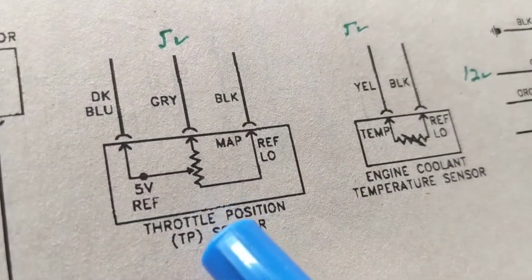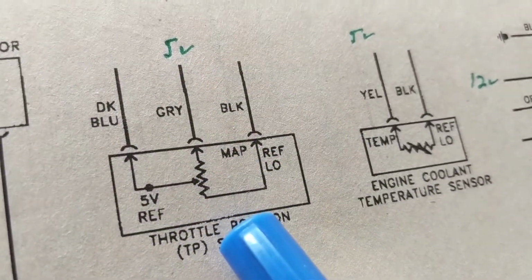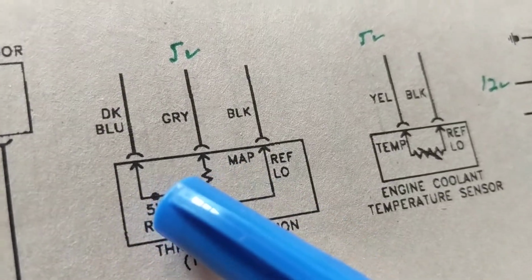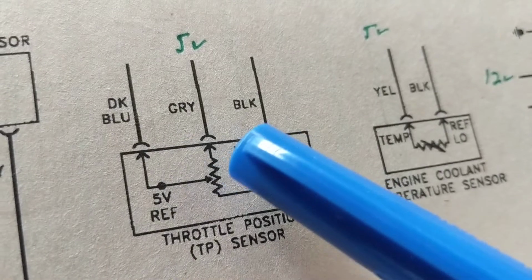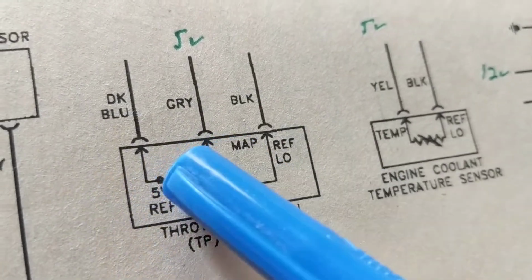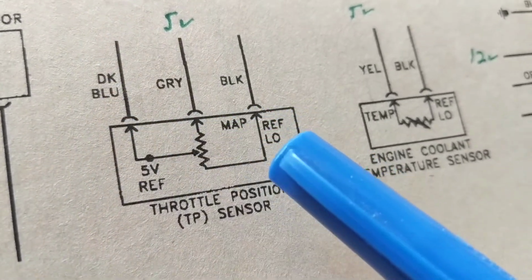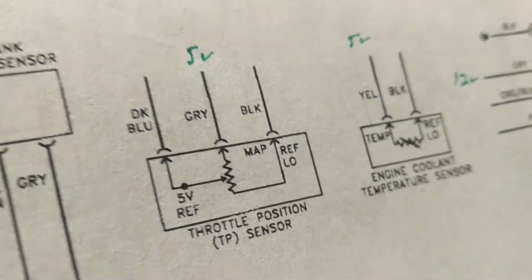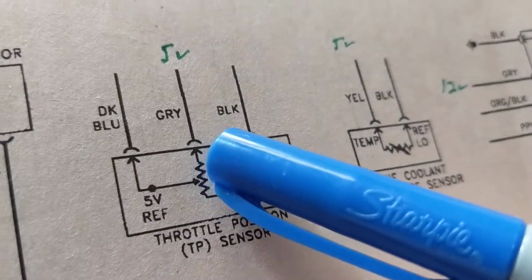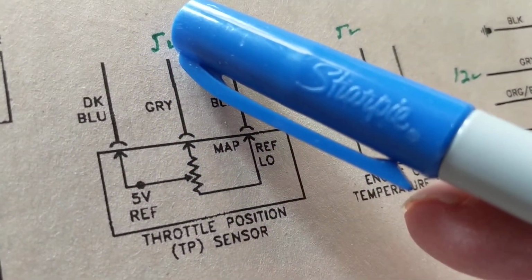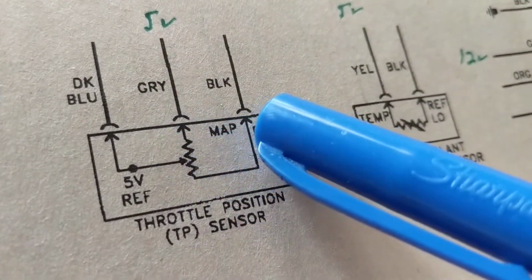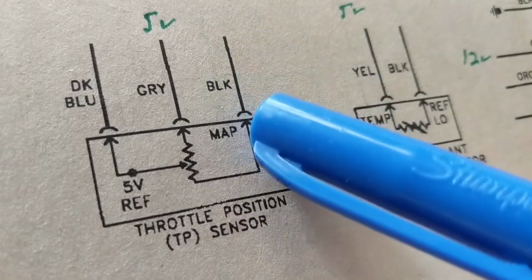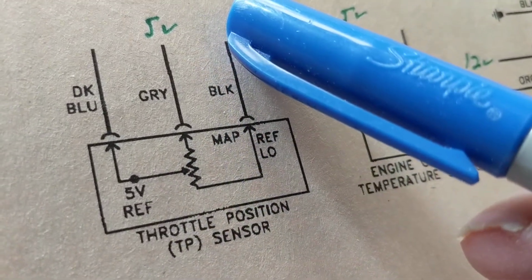Let's do different ones. As you see over here, they're just specified. Here's a 5 volt reference. Which is the wire, the connector, that's going to change? The middle one right here. As you open up the throttle for more gas, this either goes up to 5 volts, gets closer to 5 volts, or it gets closer to reference low, which is ground, 0 volts.